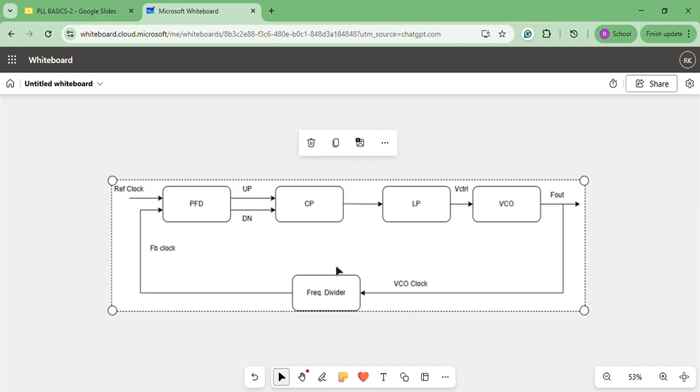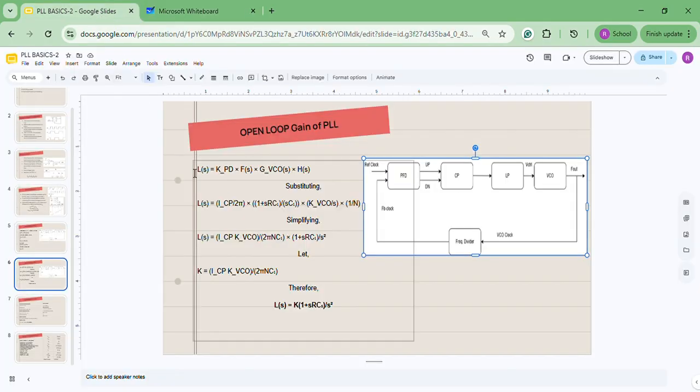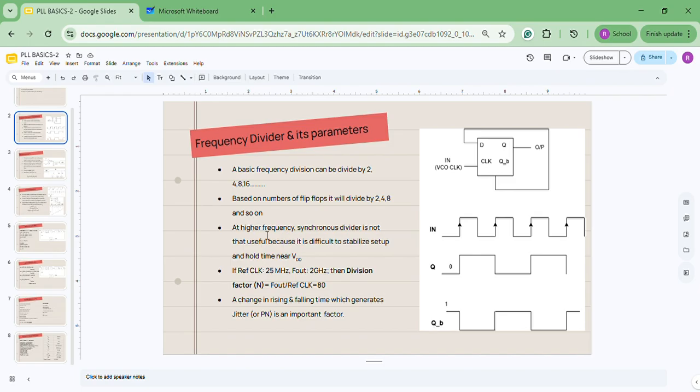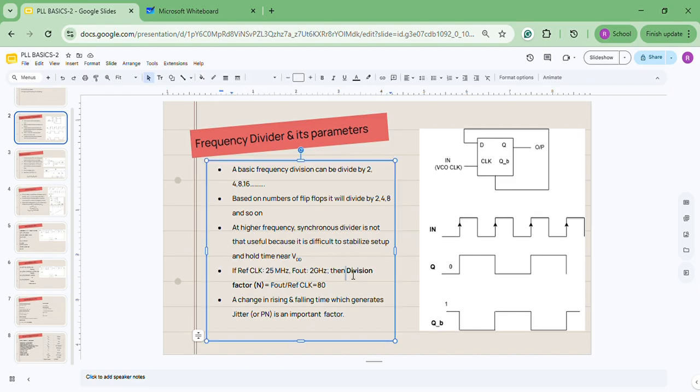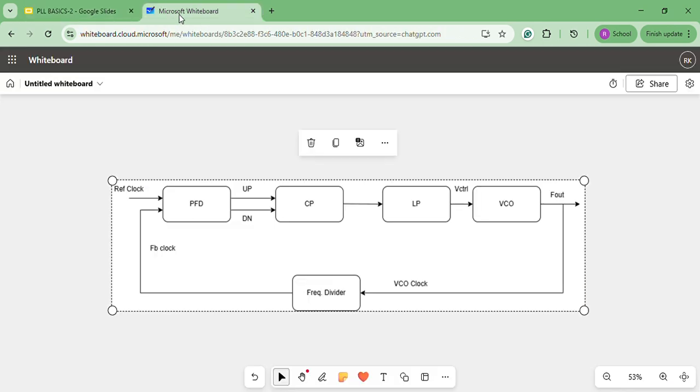This frequency divider has one of the most important parameters, capital N, or division ratio, which is called the division factor. What is the division factor? It is basically the output clock divided by the reference clock.